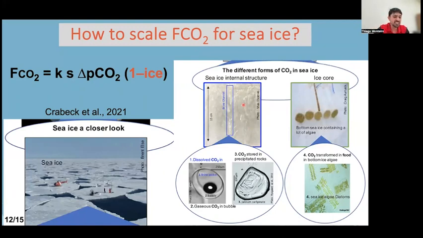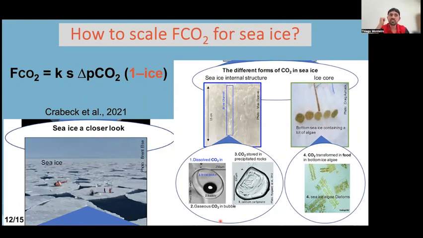This is not for the Antarctic, it's for the Arctic, but it definitely happens in Antarctica as well. And here on the right, we can see, for example, the phytoplankton growth inside the sea ice, for example, the diatoms, that is very important for taking up CO2. We have the identification of the precipitation of calcium carbonate during sea ice formation, and the CO2 bubbles. So these three processes or conditions definitely influence the CO2 fluxes.